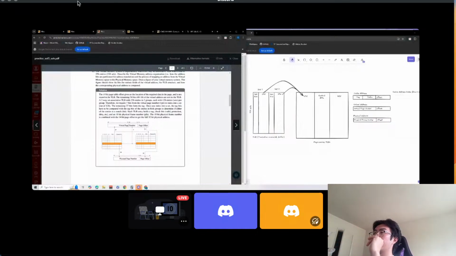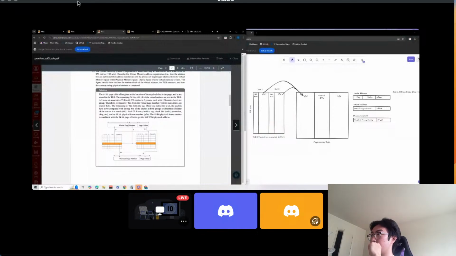Okay, now that we have this broken down, this should be cache address, and then our physical address. We can make a line from the offset to offset.